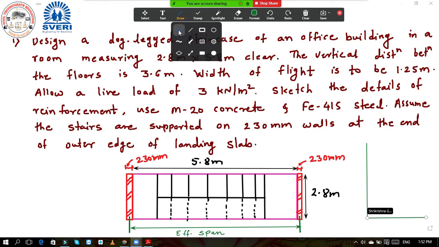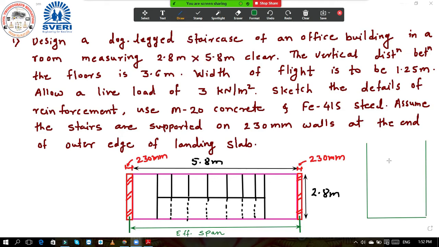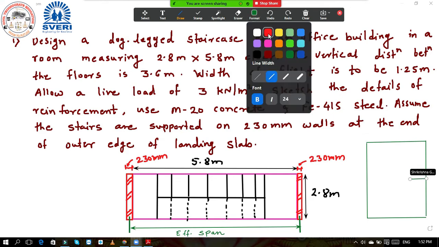I will draw the line diagram so that you will understand. Now the mid landing of the stairs will be somewhere here.